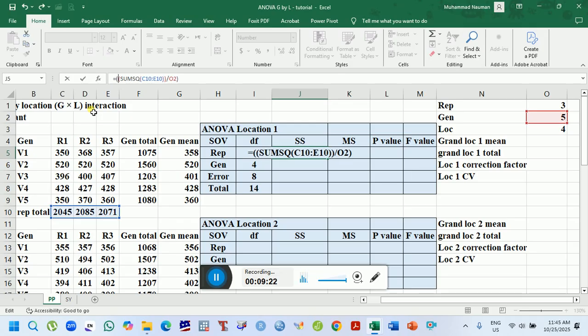this whole term in one bracket, in order to subtract it from correction factor. Minus, here is location 1 correction factor. Just reference this cell and we will calculate the correction factor after this.